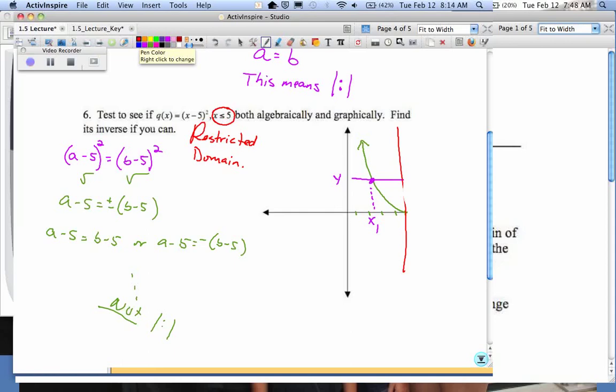Now does that left-hand side of the parabola pass the horizontal line test? Yes. So if I go to look for an inverse, it'd be kind of like a square root looking function that would pass the vertical line test. We don't do anything with restricted domains, so you don't have to worry about that.